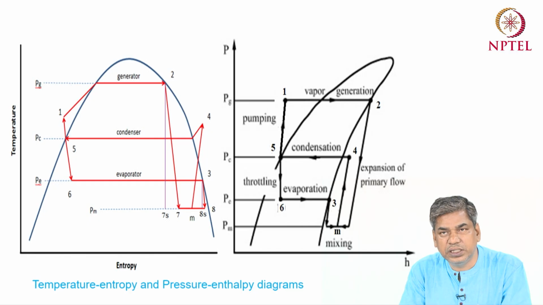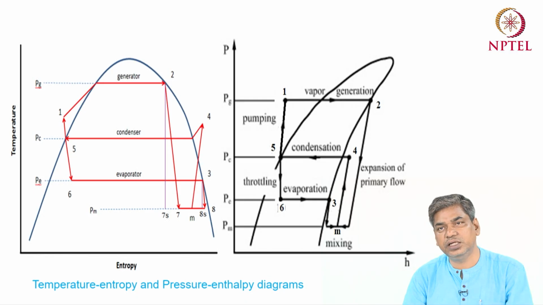Another is the condenser temperature or condenser pressure PC. Another is the generator temperature or generator pressure PG. So in the evaporator, 6 to 3 is the evaporation process, or the heat addition process.